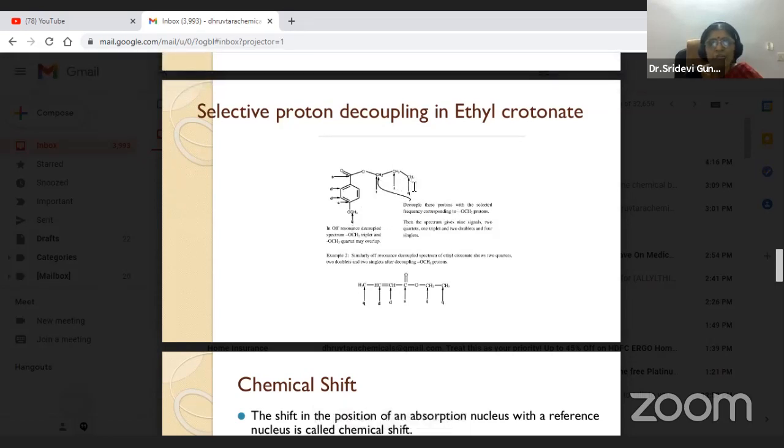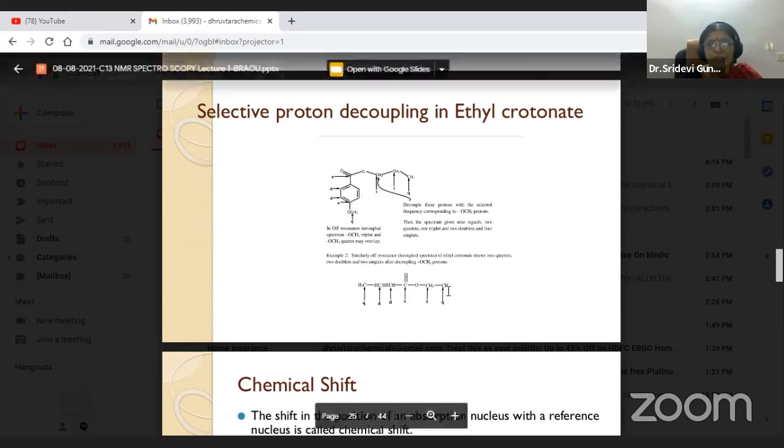How many non-equivalent carbons are there? 1, 2, 3, 4, 5, 6, 7, 8, 9. Nine signals can be expected.